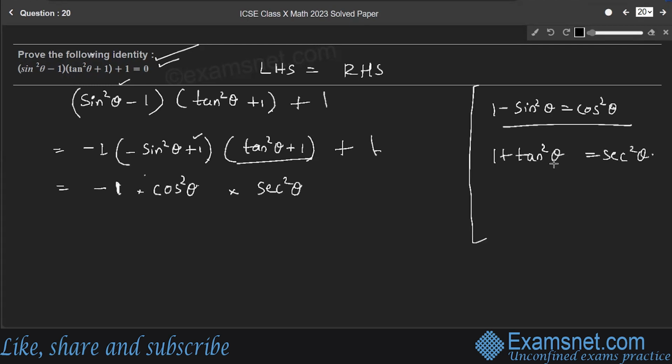These are the trigonometric identities. Plus 1. Here, secant is the inverse of cos, so secant theta is equal to 1 by cos theta.